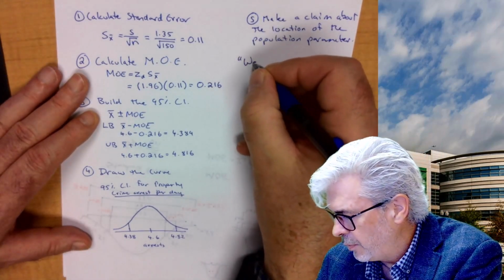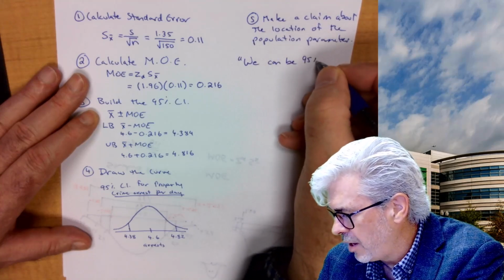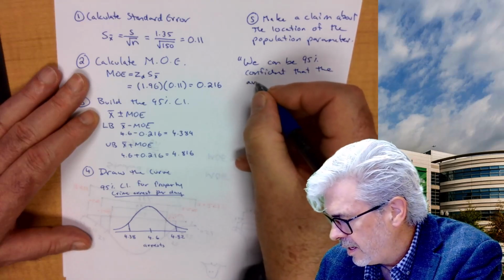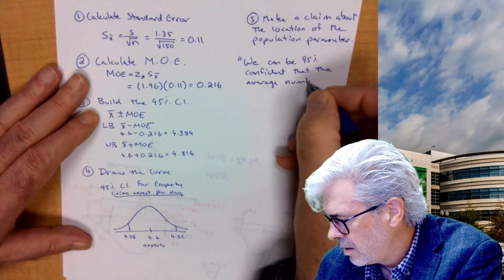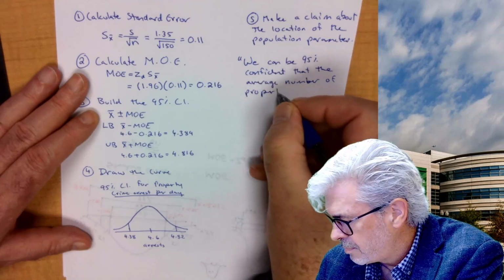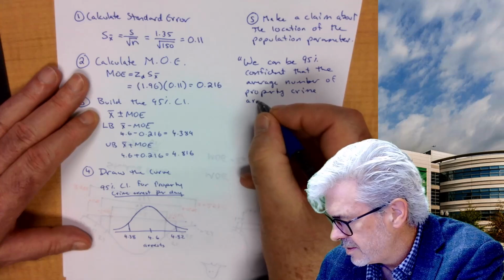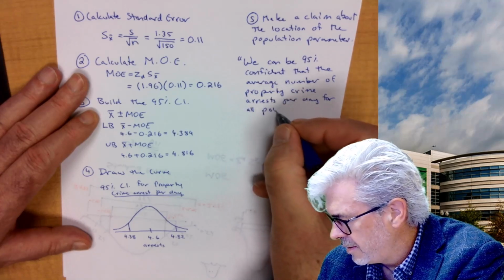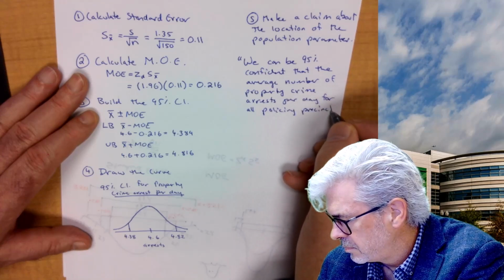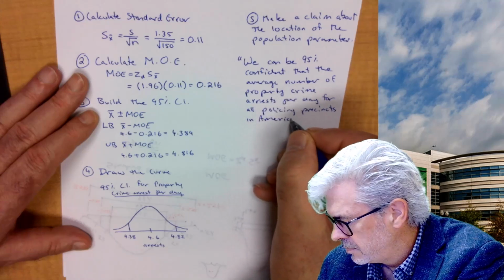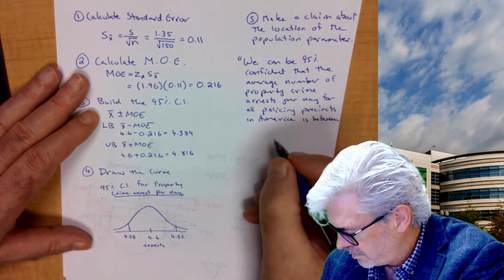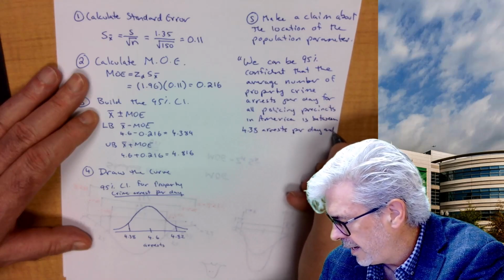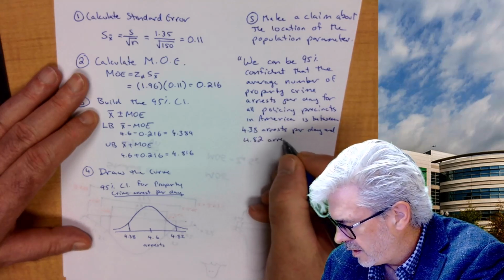We would say something like this: we can be 95% confident that the average number of property crime arrests per day for all policing precincts in America is between 4.38 arrests per day and 4.82 arrests per day.